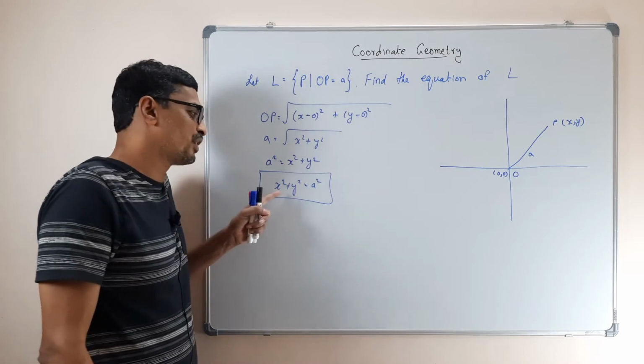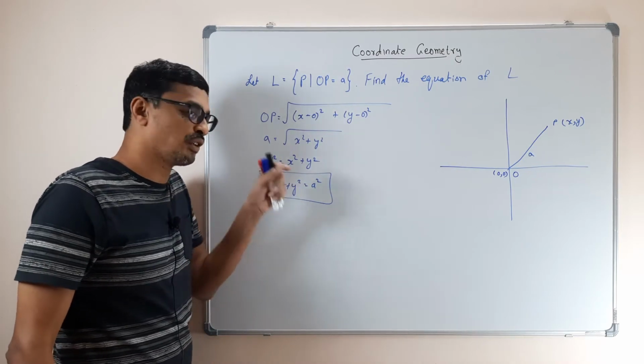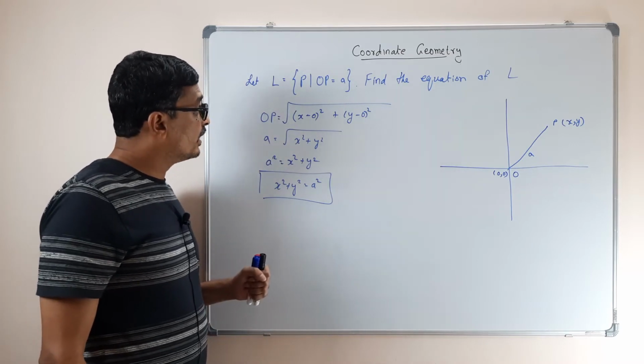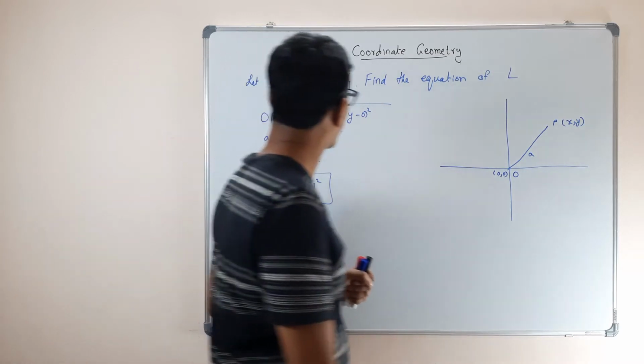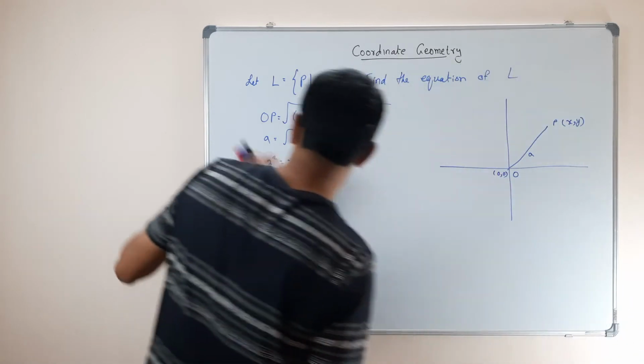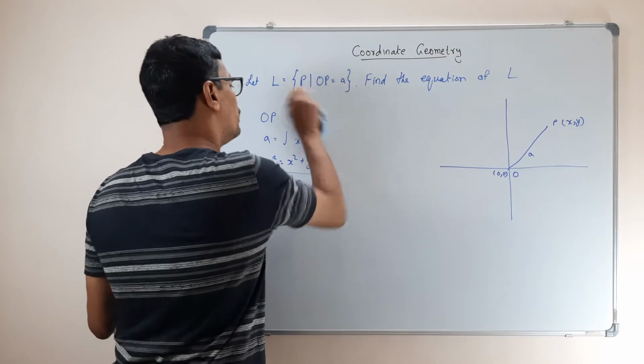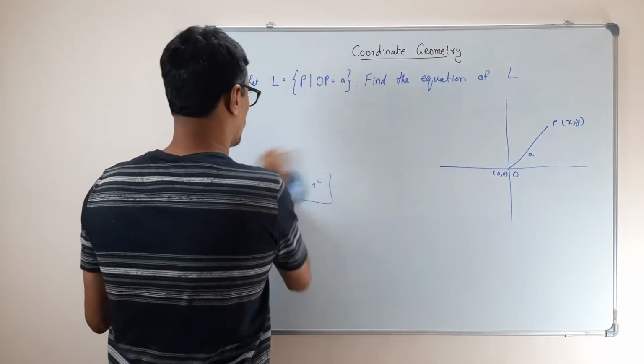So the equation of a circle is x square plus y square equal to A square. It is not necessarily about OP. I can always give another value. You can even find out a different problem also.